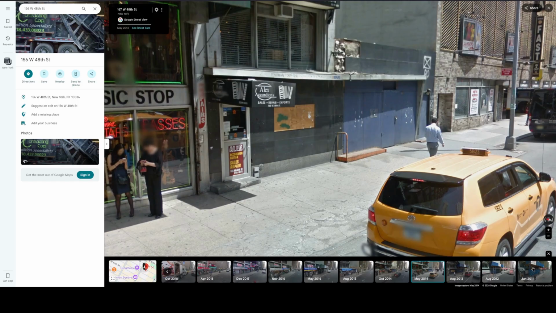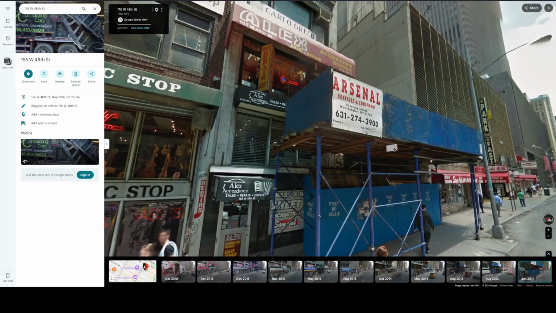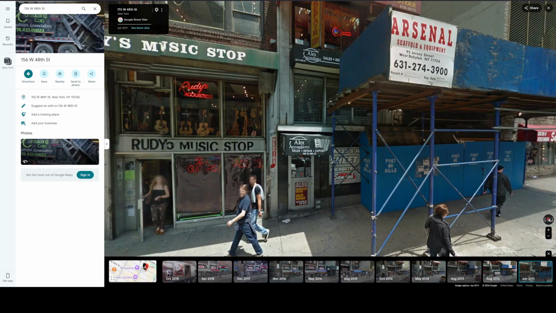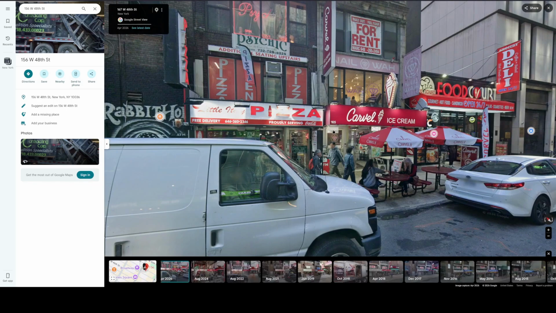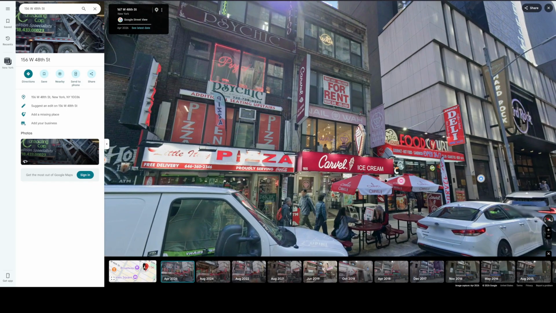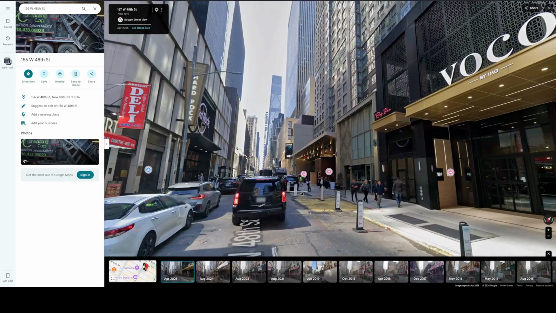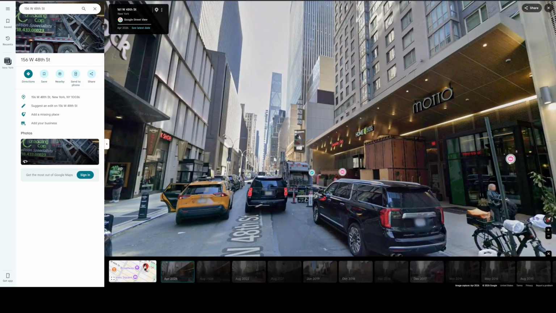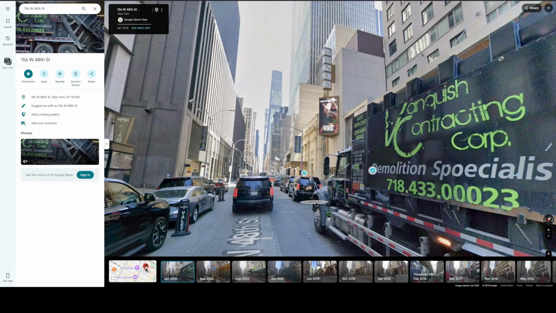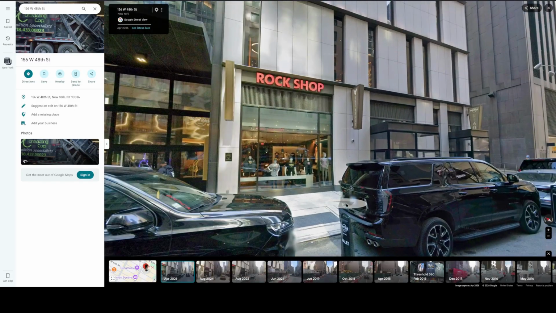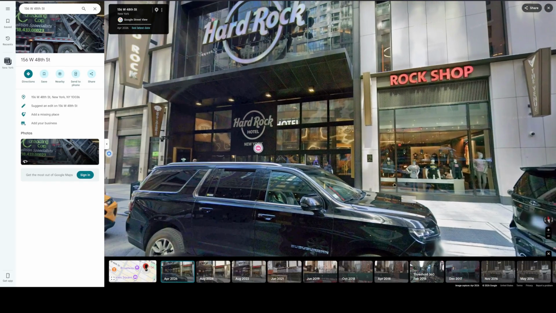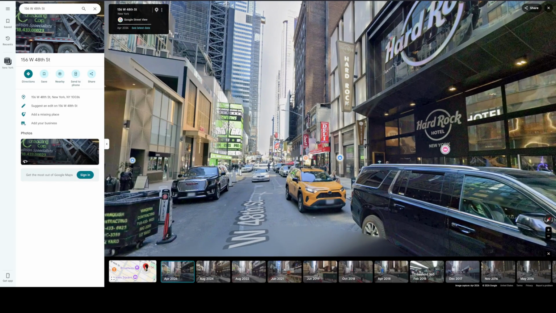So what is that now? For rent. I guess this isn't super high value property because you're not seeing any boutiques and stuff. Hard Rock Hotel. Okay. Does anyone care?